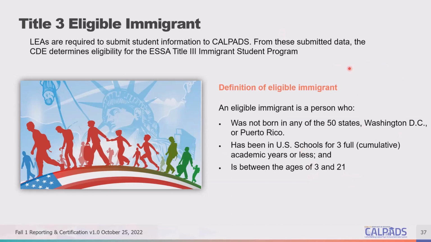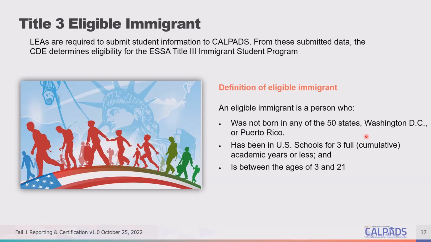and if the student is ages 3 to 21, they are automatically counted as eligible immigrants. Now, the classic question always is, okay, what if the student's parents are US citizens and they are working for the US Embassy or for the military in a country that is not part of this? So let's say Guam or Saipan or Japan, but they're still US citizens, right?